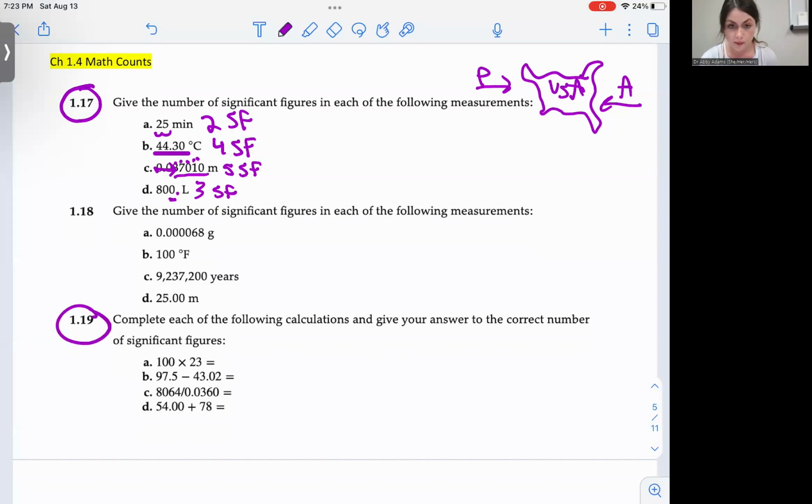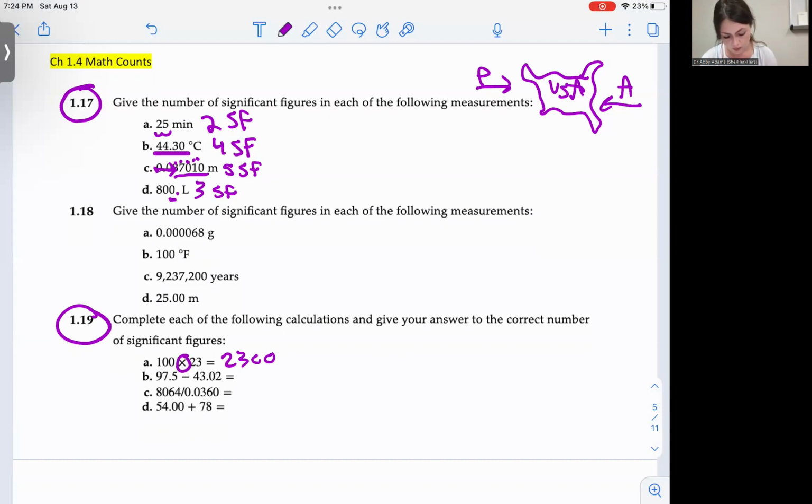1.9. Complete each of the following calculations and give your answer to the correct number of significant figures. Okay. All right, so we have 100 times 23. So this would give you, right, 2,300, but you're using what? Multiplication.